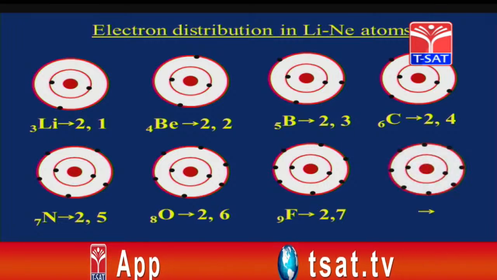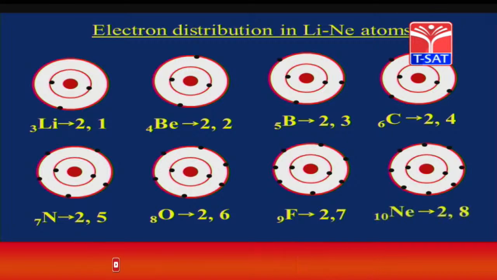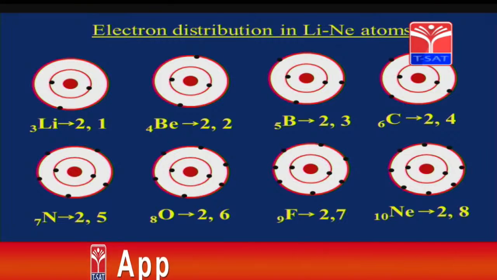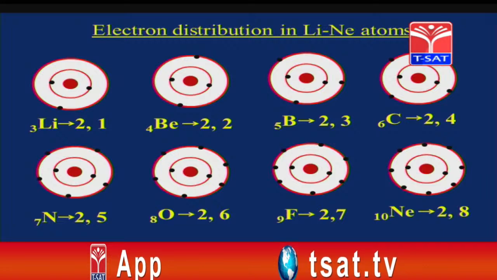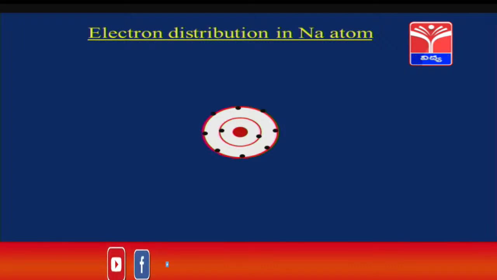And neon, its atomic number is 10. It consists of 10 electrons. Out of 10 electrons, 2 electrons fill in first shell and the remaining 8 electrons fill in second shell, L shell. For neon, first shell and second shell are both filled up to their maximum capacity. The next element is sodium.